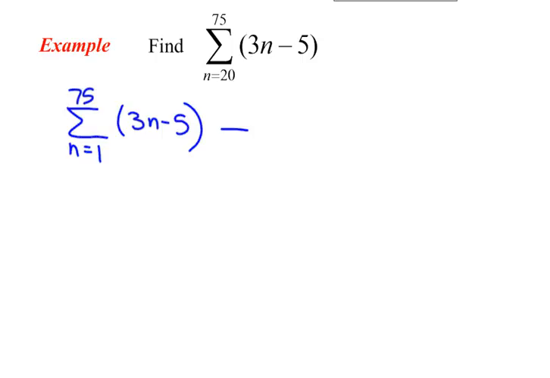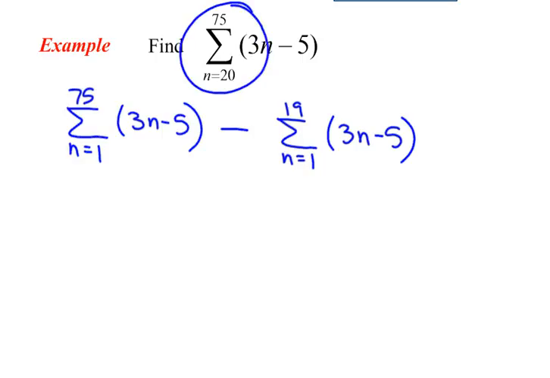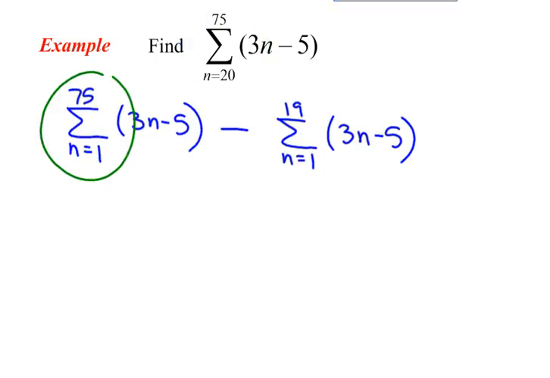And we're going to subtract out the sum of the first 19 terms of 3n minus 5. And the reason that we are using the sums from the first to the 75th term and the first to the 19th term is because we can apply our new formula to it. We cannot apply that new formula to a sum that doesn't start at a first term. So we can't apply the formula to what they're asking us to find, but we can apply the formula to both of these.